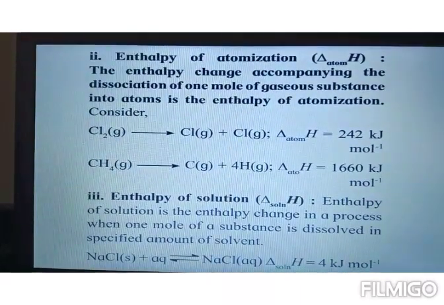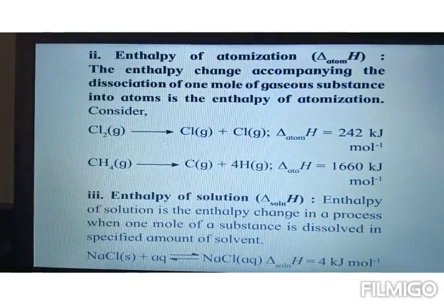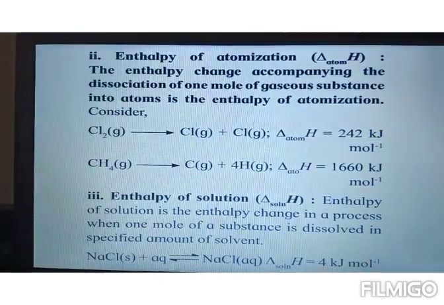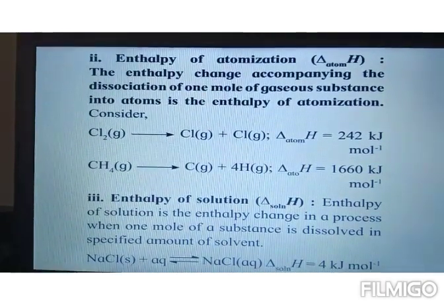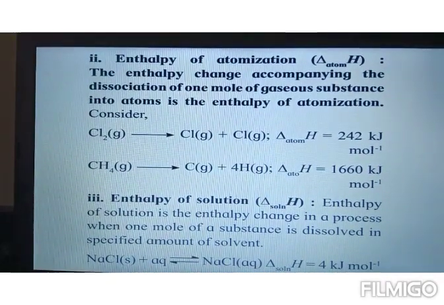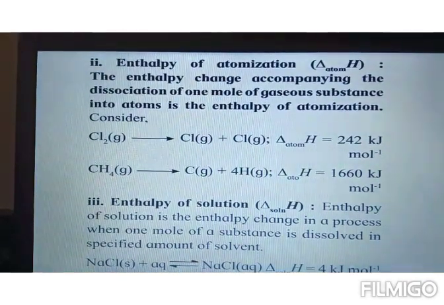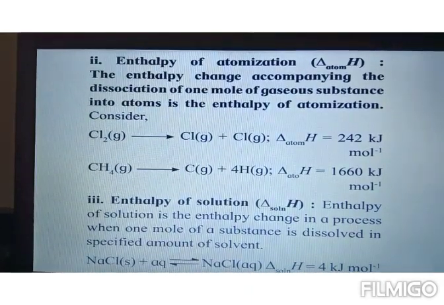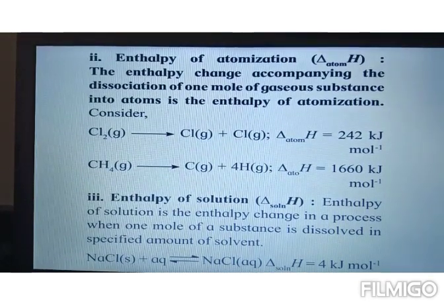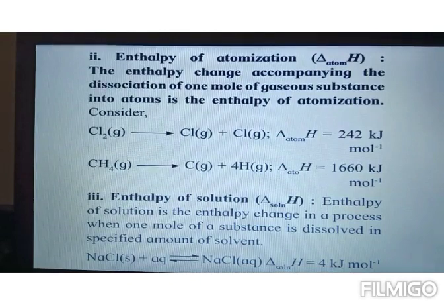Now enthalpy of atomization. It is denoted by delta H atom, a subscript atom between delta and H. What is the enthalpy of atomization? Atomization is a process in which a molecule or substance dissociates into its atoms. So enthalpy of atomization is the enthalpy change accompanying the dissociation of 1 mole of gaseous substance into atoms.